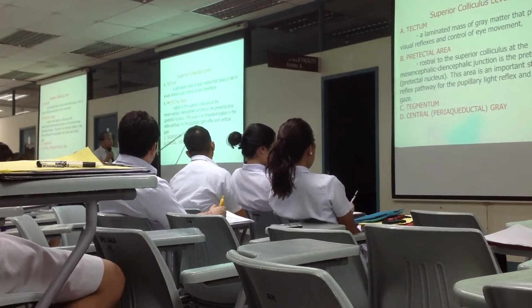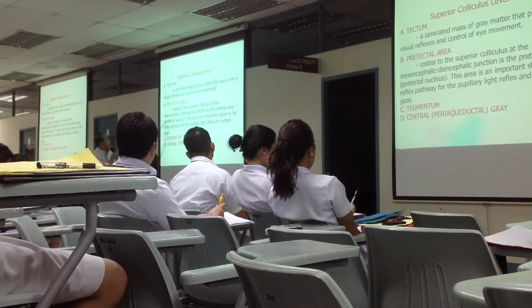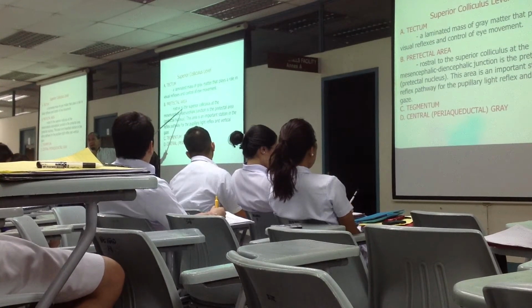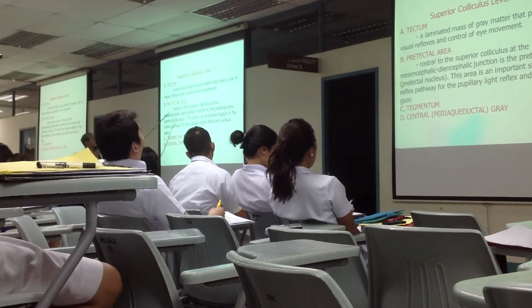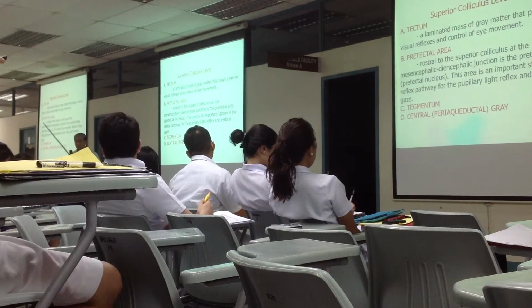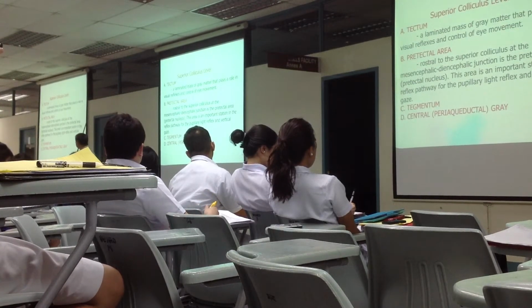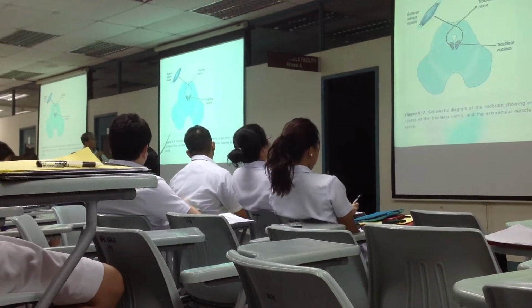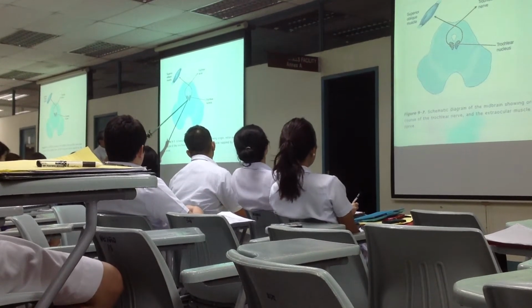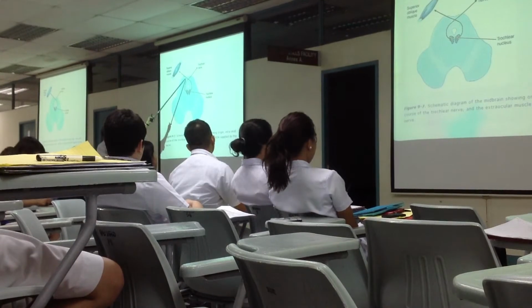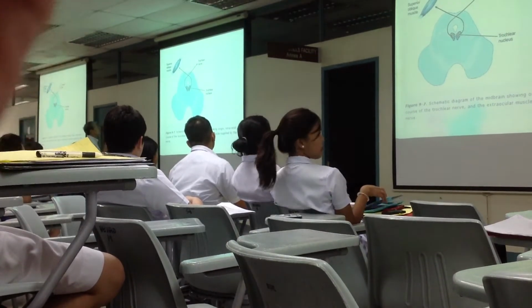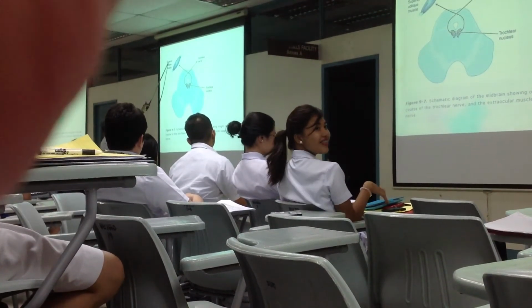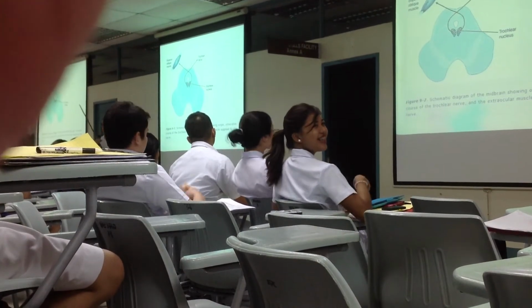Okay? So remember, pupillary light reflex, pretectal area of your midbrain. Trochlear nucleus: the only cranial nerve that exits dorsally, to supply your superior oblique muscle of your eye.